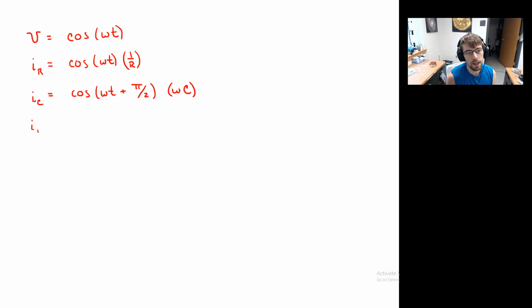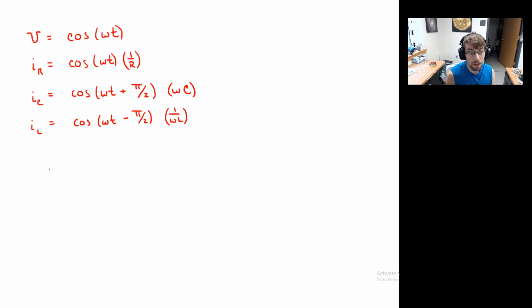And we had IL equals cosine of omega t minus pi over 2, again with the scaling factor of 1 over omega L.